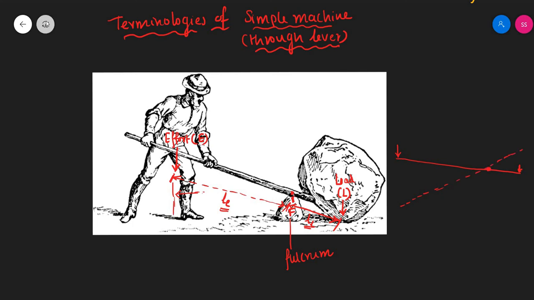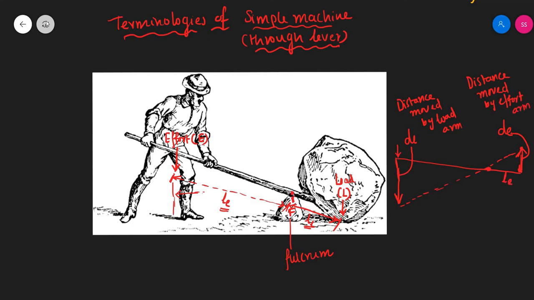So the load goes over here, and the height through which you have moved the load is called the distance moved by the load arm, and this is your distance moved by the effort arm. And this is your length of the effort arm, and this is your length of the load arm, and that's the fulcrum.